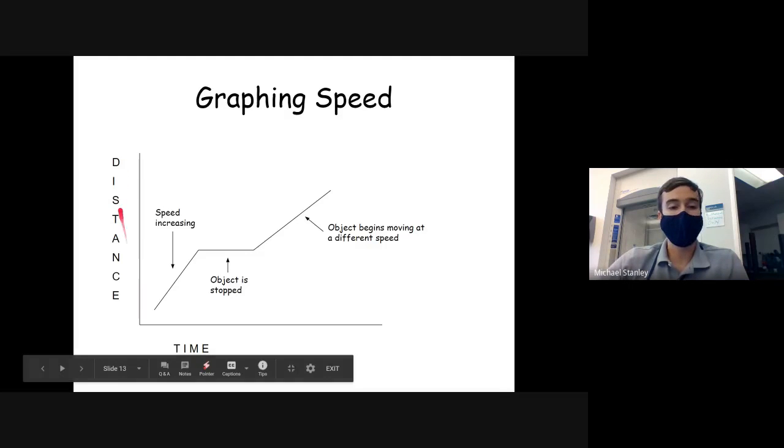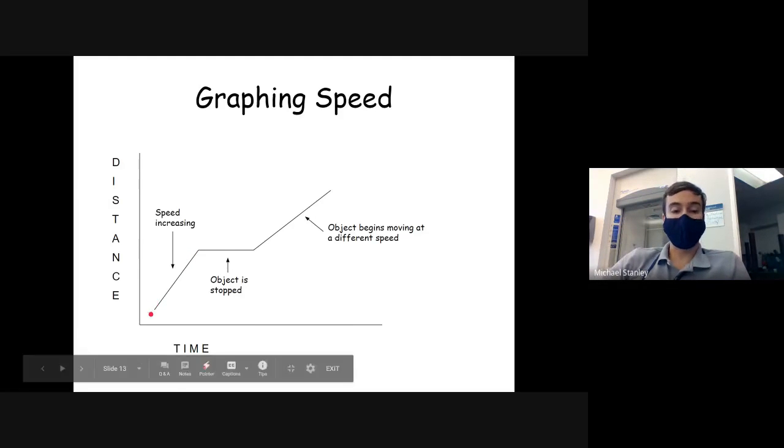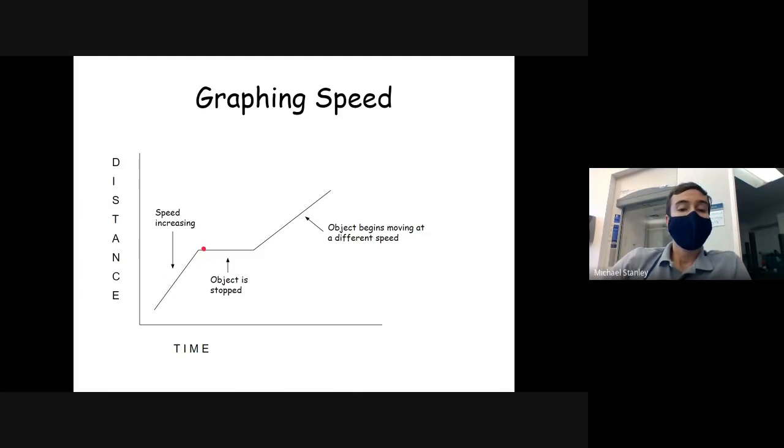How far are you traveling, and how much time has it taken you? So right here we have some time where we're getting further and further away, or we're traveling more distance over a certain amount of time. So we have a certain speed right here.